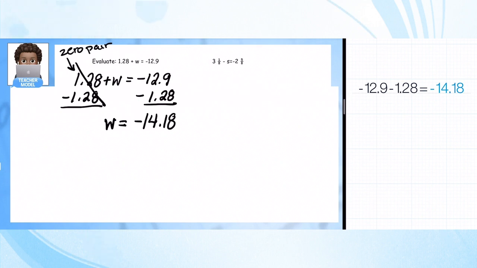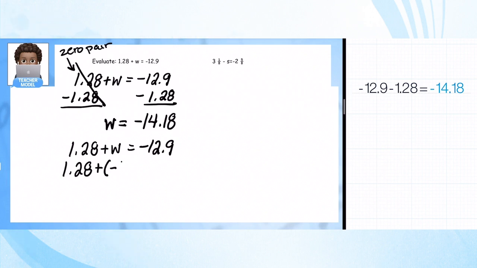So again, does this make sense? Yes, because my number is just getting more negative. I have negative 12 9/10, and I'm subtracting further, so I'm getting a number further from 0. Let's do our check. I'm taking just my original. And now we're going to substitute for W, so plus negative 14 1800ths.